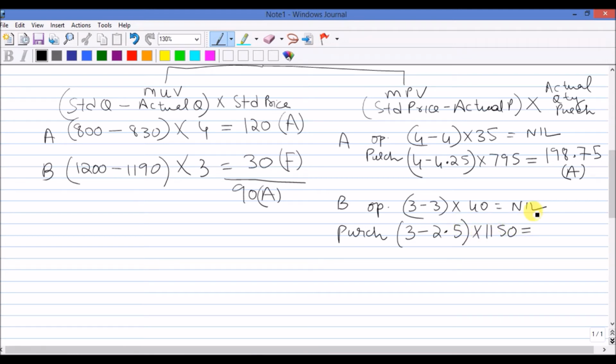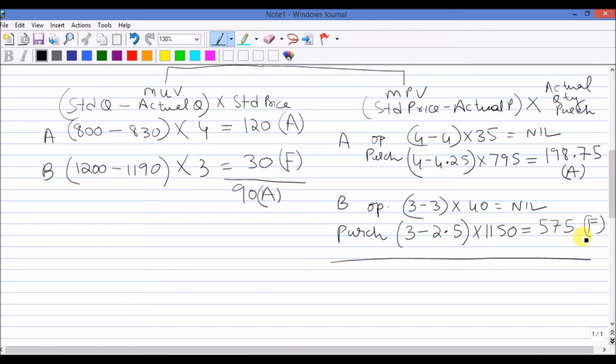So 0.50 into 1150 is going to give me 575. Instead of purchasing at 3, I've purchased at 2.5, so this is favorable.